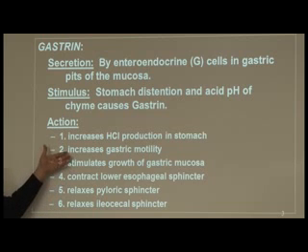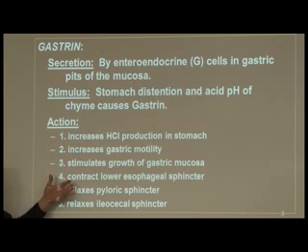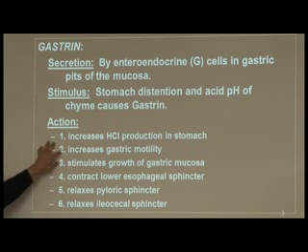Hydrochloric acid tends to damage the gastric mucosa, so we want to stimulate the continued replacement of cells to maintain a healthy environment in our stomach.